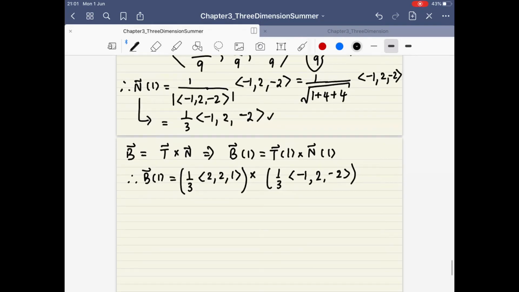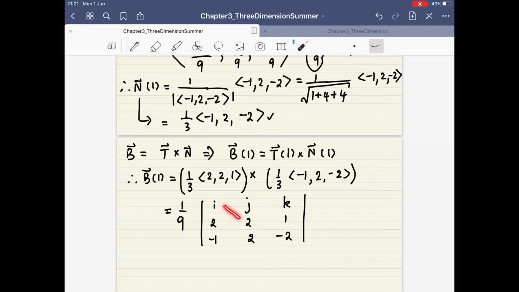Okay, so actually the 1/3 and the 1/3 can be multiplied first to be a 1/9, and then the i, the j, and the k of 2, 2, 1, -1, 2, -2, and you do the diagonal multiply. So the first one you got -4i, and then the second downward you got positive 2j, right?